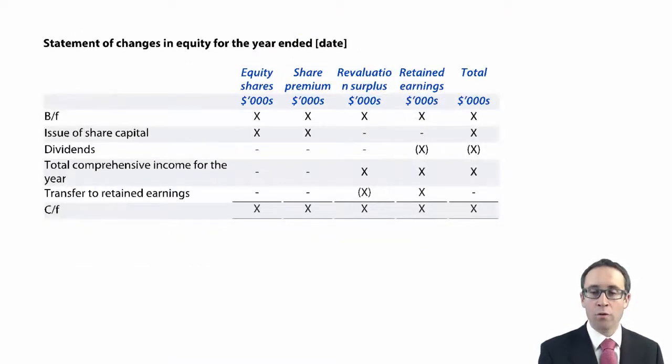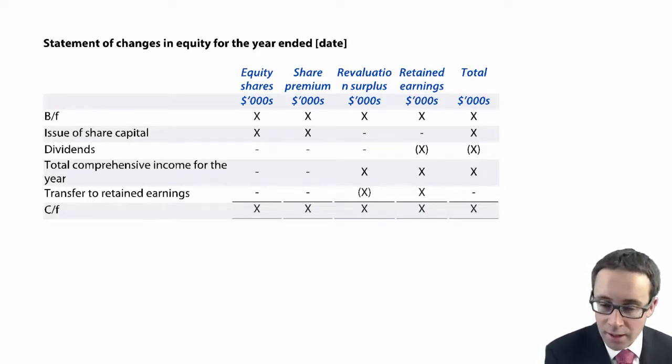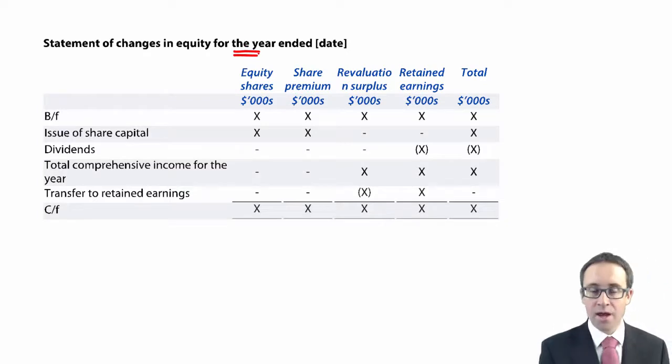So your statement of changes in equity, like your statement of profit or loss and other comprehensive income, is there for the year ended. You've got your equity shares and then all of your reserves: share premium, revaluation, retained earnings.